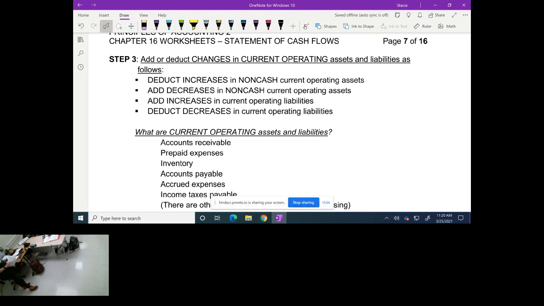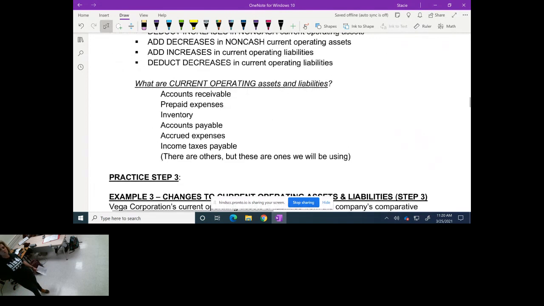So your non-cash current operating assets, which would be anything used up in a year, and your non-cash current operating liabilities, those are the ones we're looking at. Here's some examples. We're not using cash because we're looking at non-cash. That was my first thought, is why don't I have cash listed on there? Because we're looking at non-cash. Okay, so this gives you some examples. There's others, but these are the ones we're going to be focusing on.